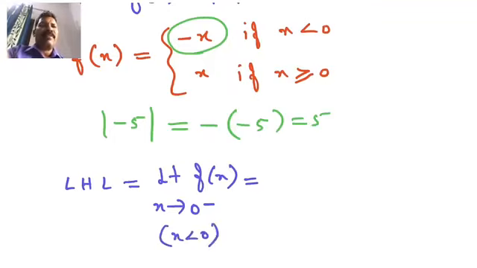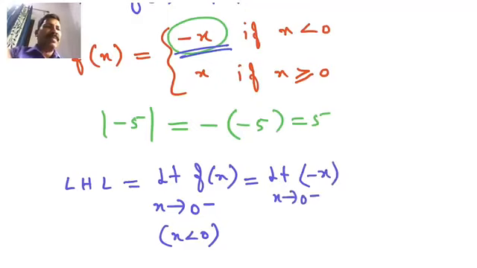So what will happen to f of x then? Then f of x is negative x. So the limit of negative x as x tends to 0 minus is equal to 0. So the left hand limit is 0.